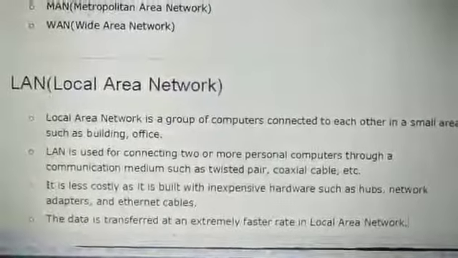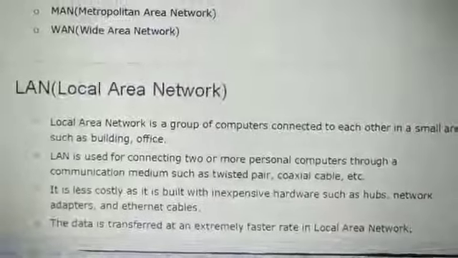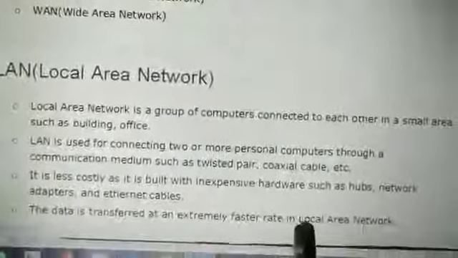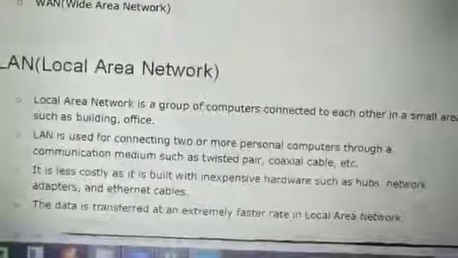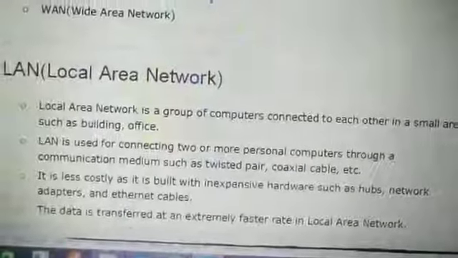Next point, the data is transferred fast in a local area network. Why is the data transferred so fast? Because one system is connected to another. If this system wants to transmit, there is a dedicated line, because this pathway can be used only for the transmission between these two. If this one wants to transmit, it uses this pathway, not that one.